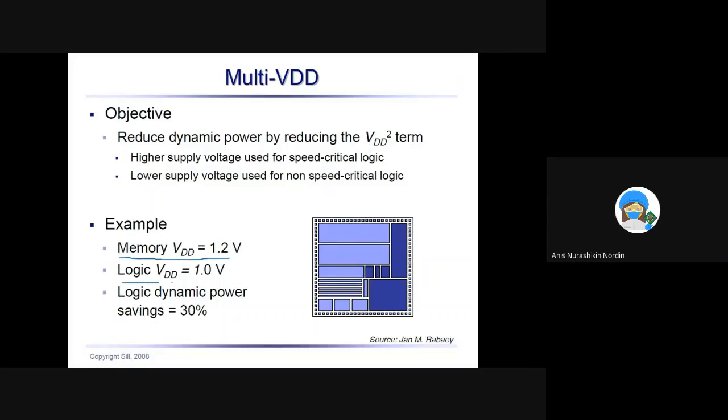All the other guys, A, B, and C, will have lower VDD of 1.0. So this will save dynamic power of 30%. You can see here, Mr. D is in the dark blue and it will have higher VDD of 1.2.